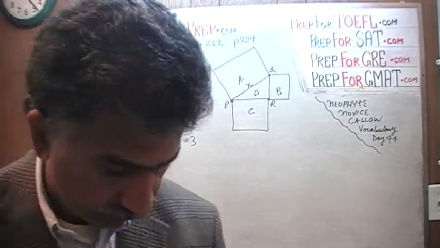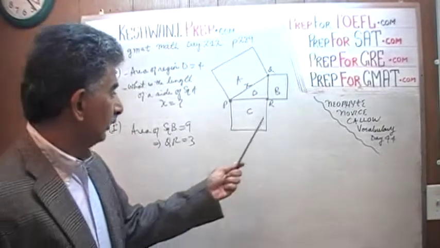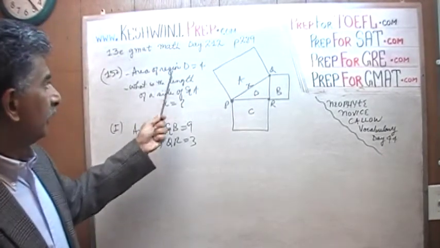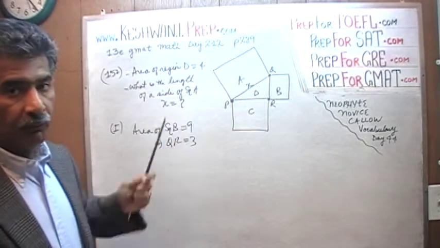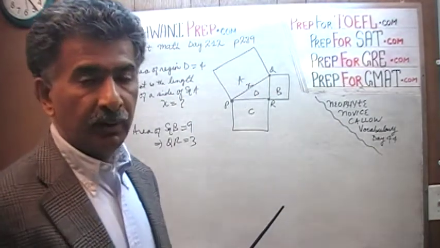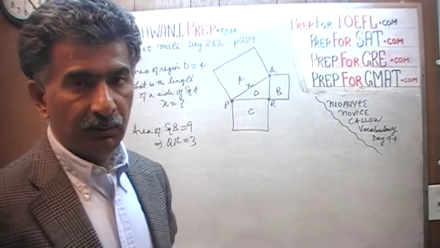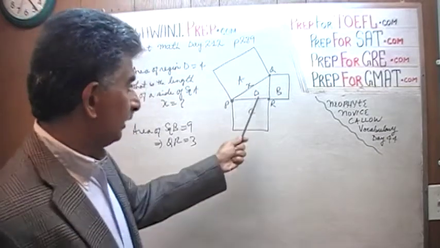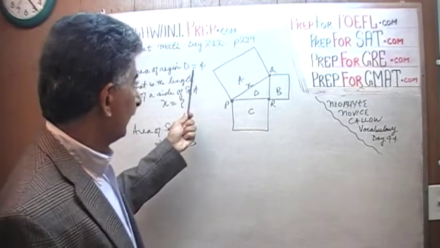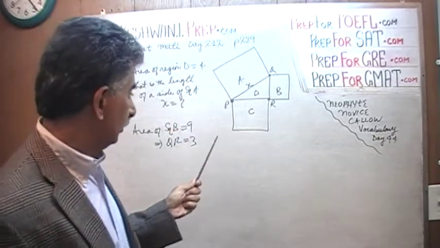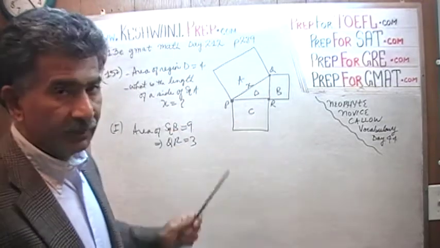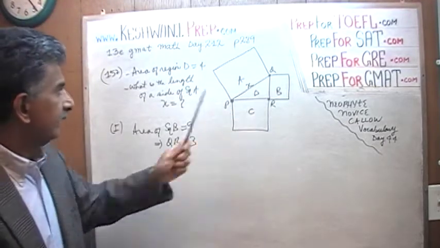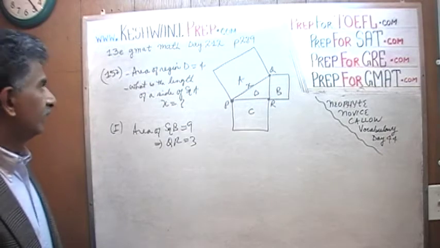For a brief second, I was a little confused because we just found out that Q to R is 3, and we also know that the area of region D is 4, and for some inexplicable reason, I thought that the region D was also a square, which would not have been possible, because had region D also been a square, then the side of that square would have been 2, and then this side cannot be both 2 and 3. It's a triangle. Anyway, so that's what it is.